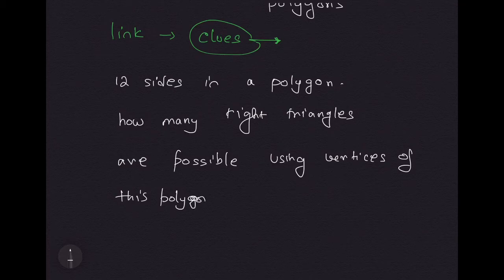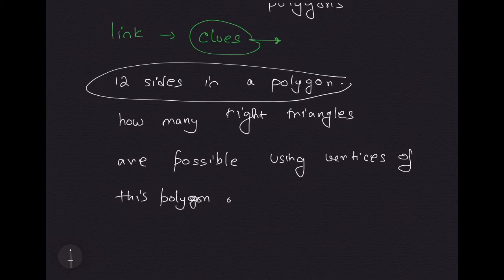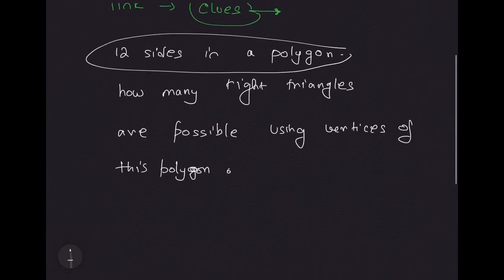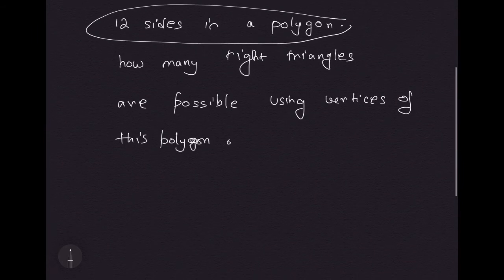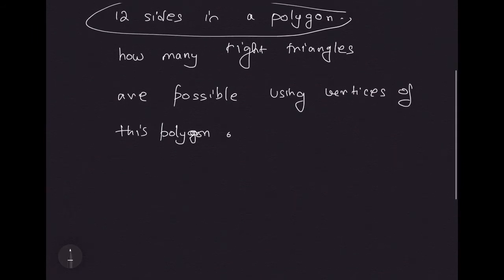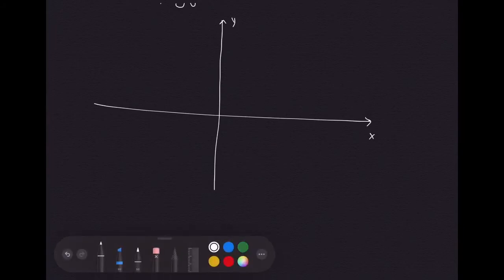It's fun to actually draw this particular polygon. It's not necessary to draw it for the purpose of this problem, but it's actually quite interesting to draw this polygon, so I will do that. Start with a regular coordinate plane, and let's call this the x-axis, this one the y-axis, and I want to draw a 12-sided regular polygon.